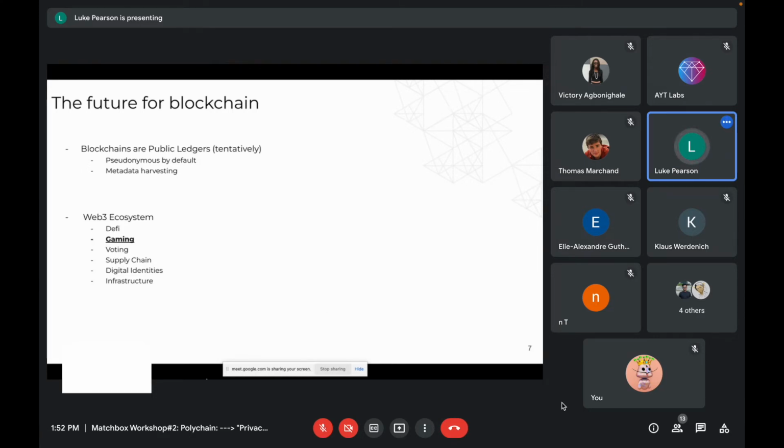So I'll go to voting, just here. Voting the way it's done, and also in-game voting, is very regularly a public activity, which is fine in some cases, usually a small number of cases in the world. But there's a reason that democratic voting is done in private, because the privacy here is sovereignty.